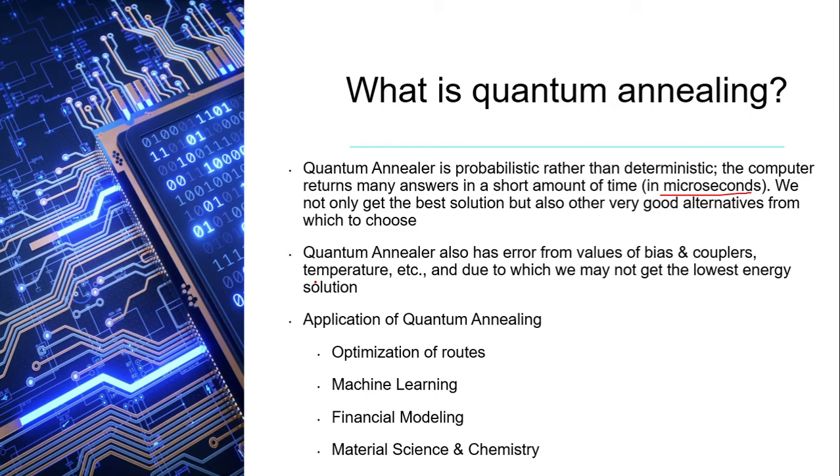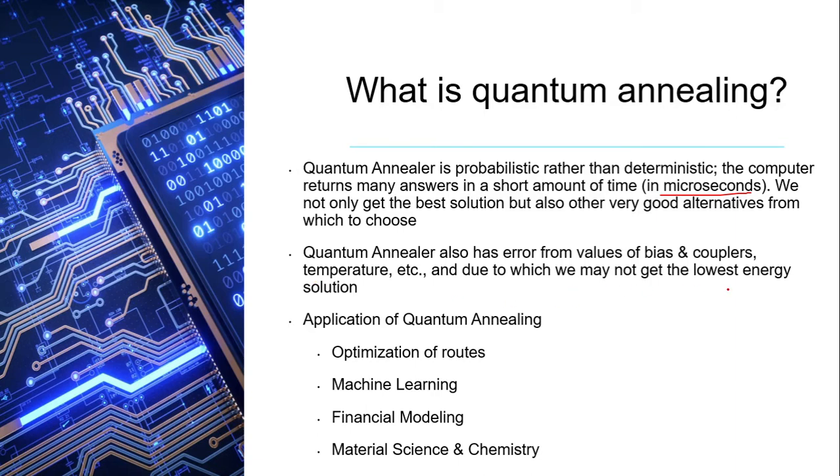It's also prone to temperature disturbances, because the qubits are typically similar to those in IBM quantum computers. They are all superconductor circuits, which means they work at a very low temperature, so any temperature disturbance from the environment will cause some error in the solution.